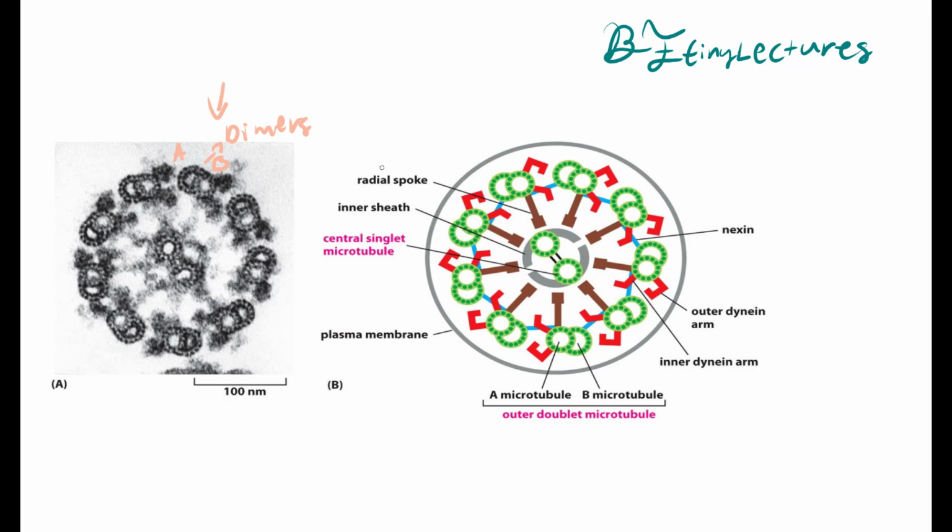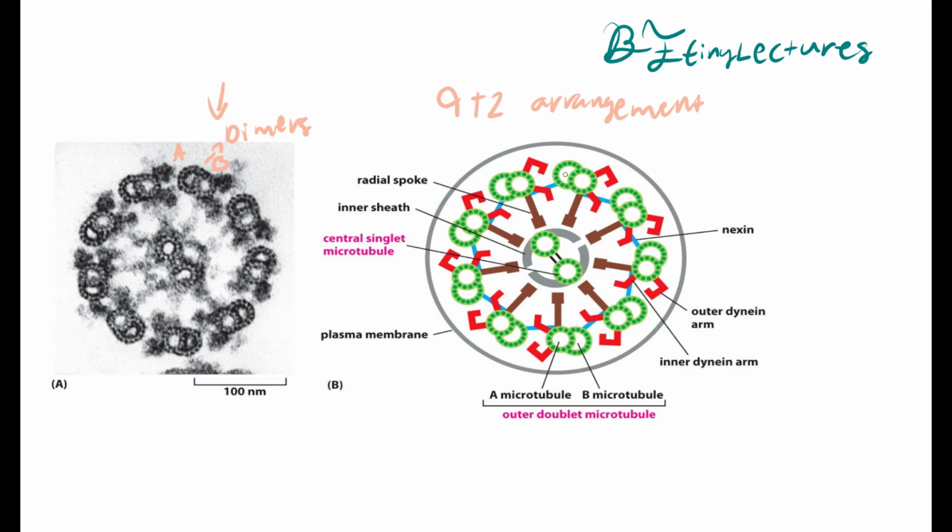Within the cilia and the flagella, there are 9 pairs in the outer ring of microtubules. Inside the inner ring, there is 1 pair of microtubules. So we call this the 9 plus 2 conformation or arrangement. So let's write arrangement.